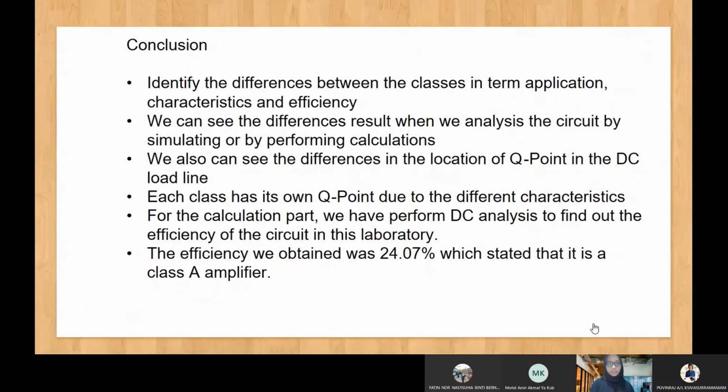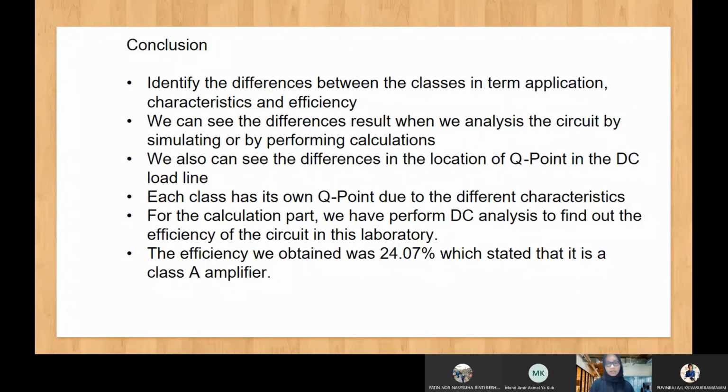So for the conclusion, we could identify the differences between the classes in terms of application, characteristic, and efficiency in Class A, AB, B, and C. We also can see the difference between results when we analyze the circuit by simulating or by performing calculation.